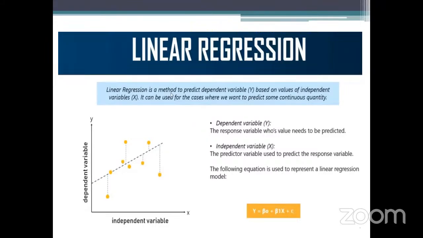Now, in order to understand linear regression, let's assume that you want to predict the price of a stock over a period of time. For such a problem, you can make use of linear regression by studying the relationship between the dependent variable, which is the stock price, and the independent variable, which is time.